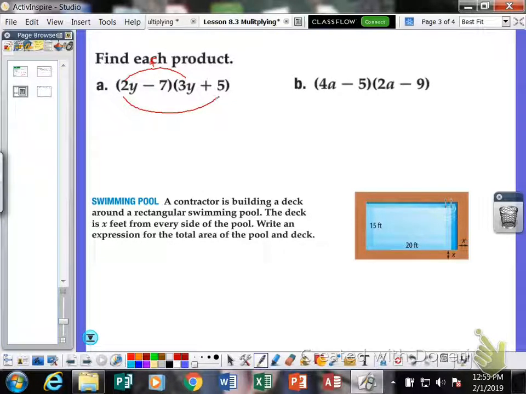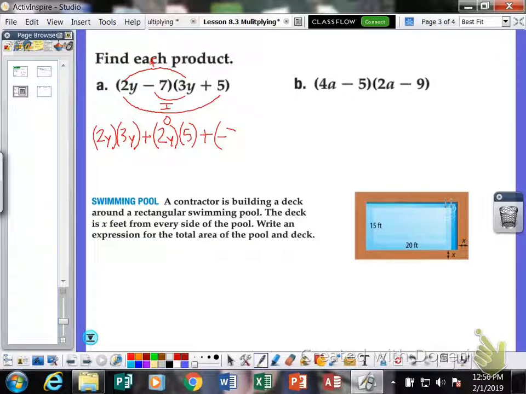Then we multiply our outer terms. That's going to be O. So let me write, I multiplied my first terms. That was 2y times 3y plus my outer terms, which is 2y times 5, plus, now I have my I, which is the inner terms, right here.